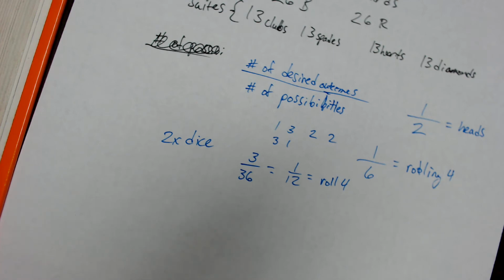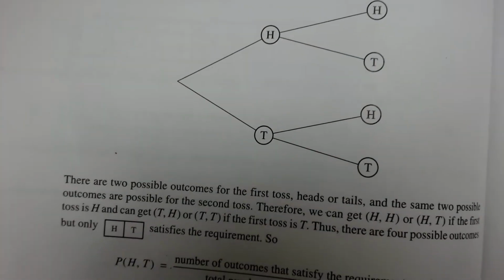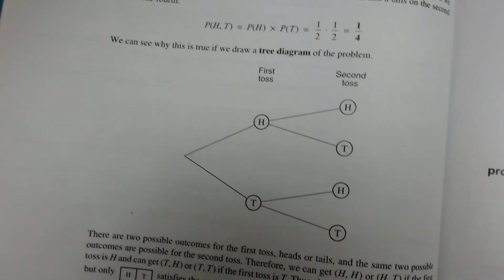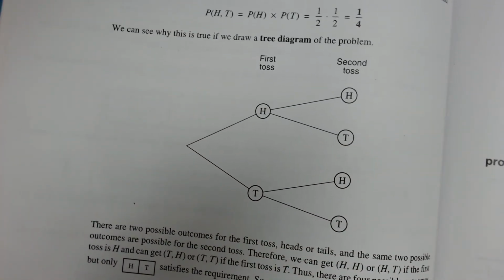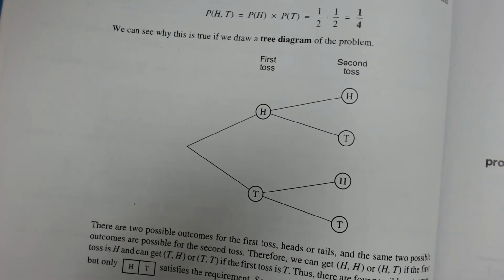So now we're going to talk about designated order. Designated order is different from probability in that it depends on the past. A good way to explain this, and the book does it well, is with a tree diagram. Now, what they're asking here is, let's say we wanted to know the probability of me flipping a coin and getting heads 3 times in a row.